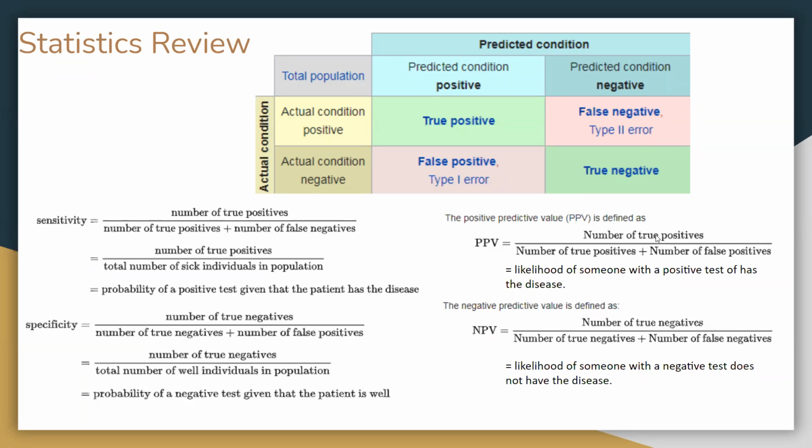It takes the number of true positives over the total number of true and false positives. And then on the other side of it is the negative predictive value, which takes the number of true negatives and divides it over the number of true negatives and false negatives, which tells you the likelihood that someone with a negative test is negative for the disease.